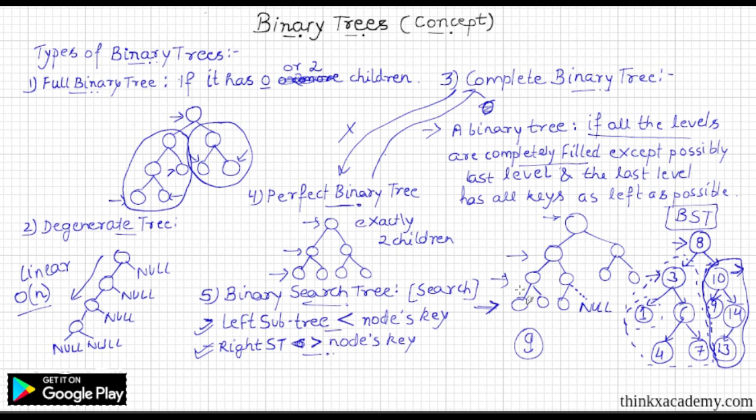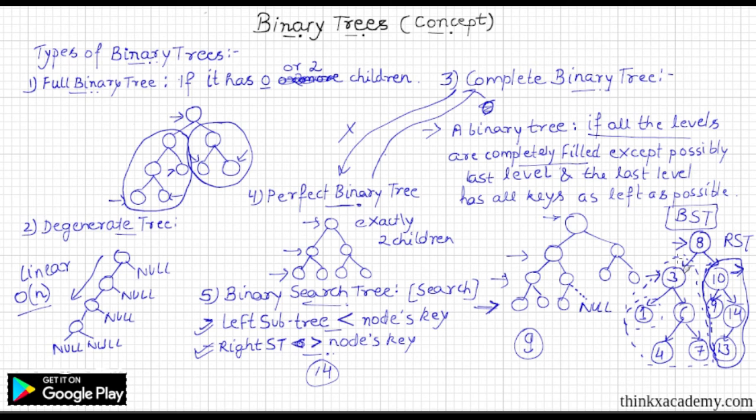And in this manner you can see that searching becomes efficient in case of a binary search tree, because let's suppose you want to search for 14 in this binary search tree. To search 14, you will just compare it with the root node first. We know that 14 is greater than 8, so 14 will be searched in the right subtree.